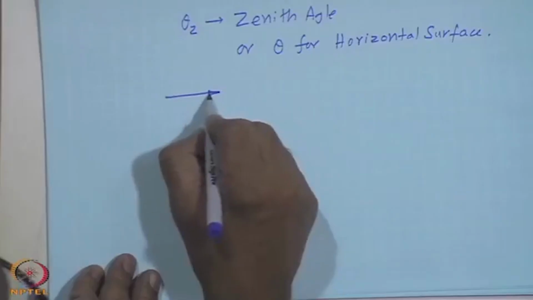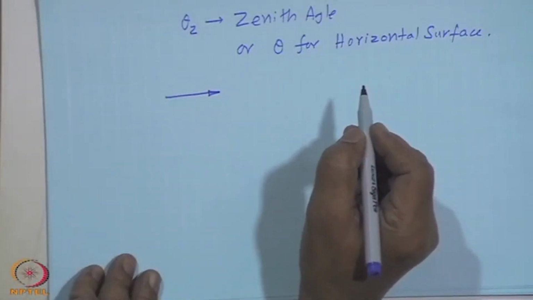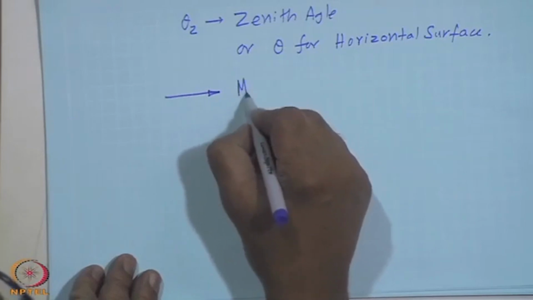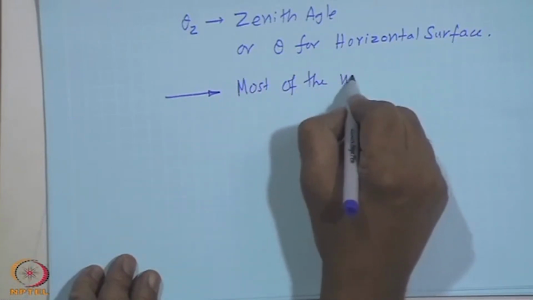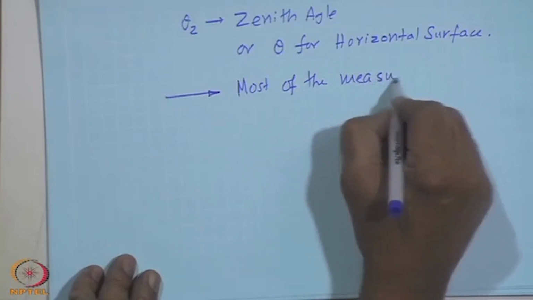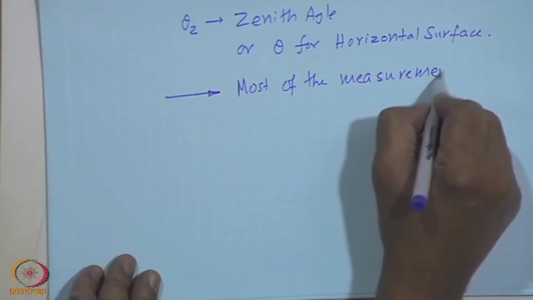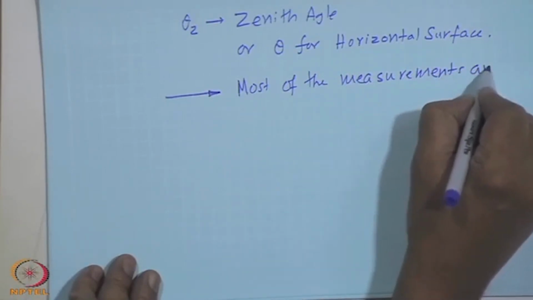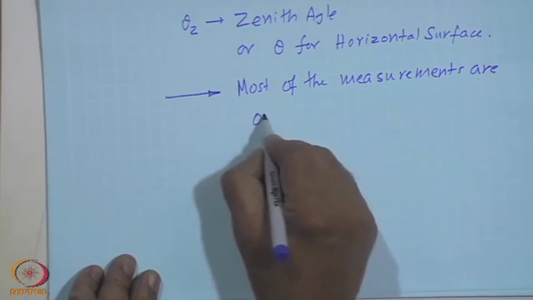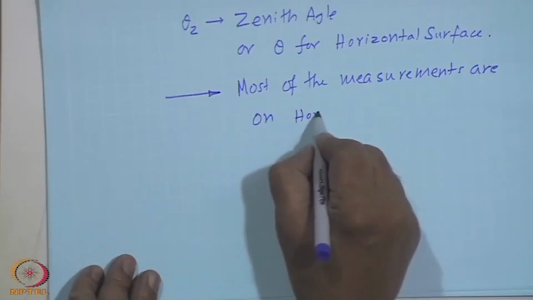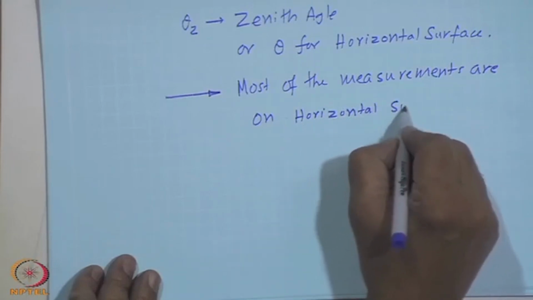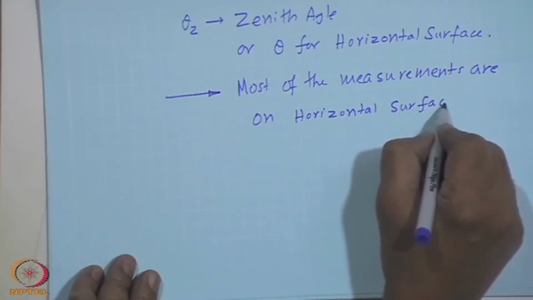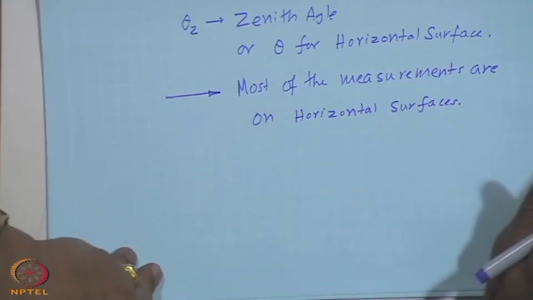Now, for this horizontal surface, instead of the general angle of incidence, we keep on referring to it. Main reason is, horizontal surfaces are also important, but most of the measurements are on horizontal surfaces.